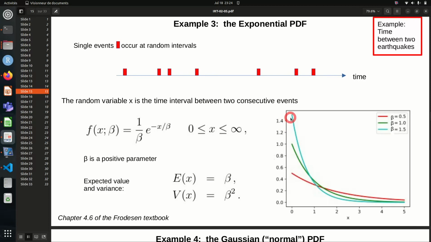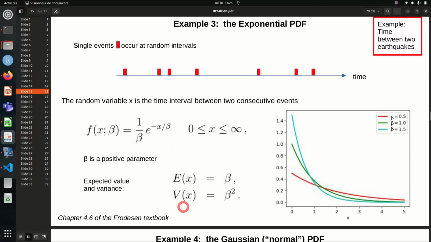The shape of this exponential PDF looks like that. So it's falling down. And depending on the value of the parameter, the shape can differ. So you can see that we can have something really steep, or on the contrary, something quite flat. We can also compute the mean value and the variance using the same definitions as before.